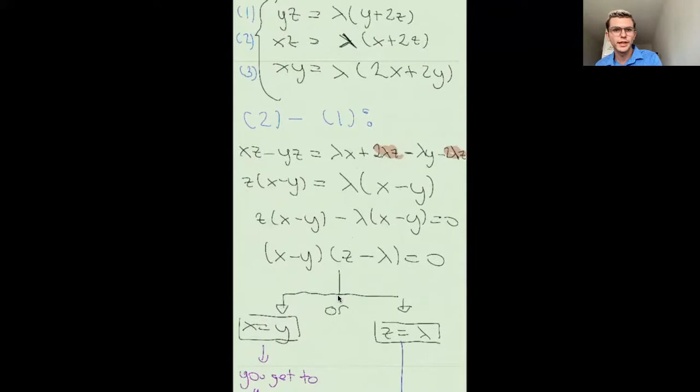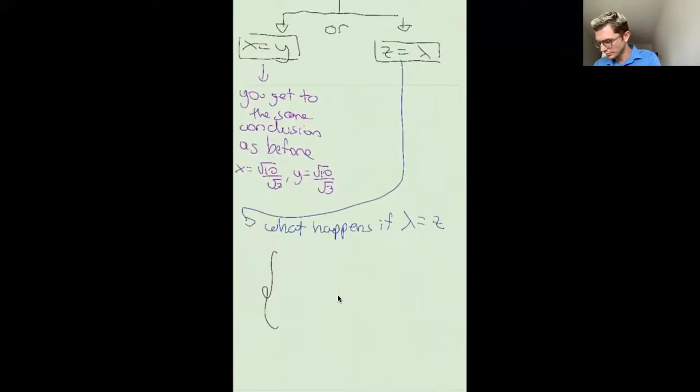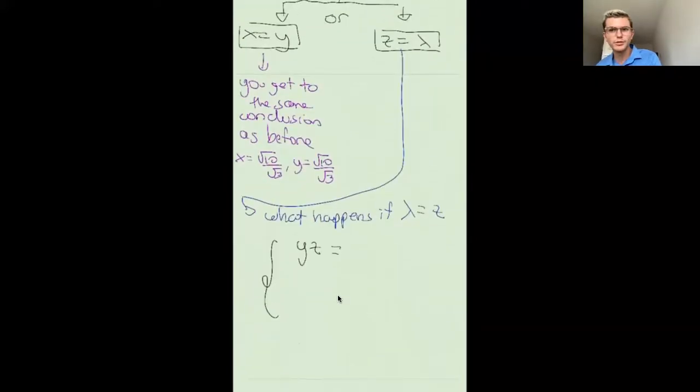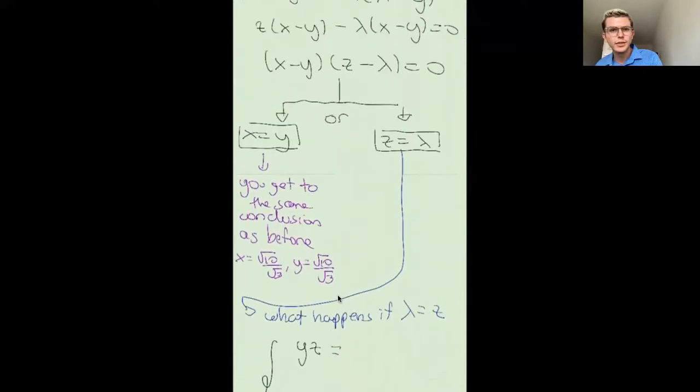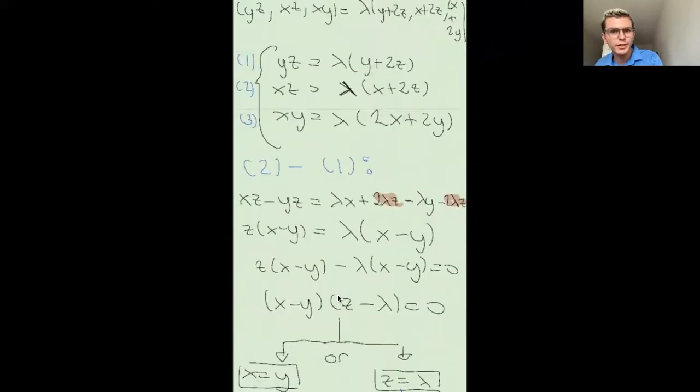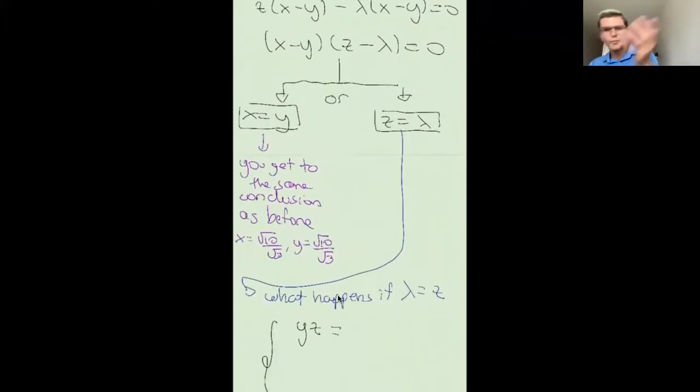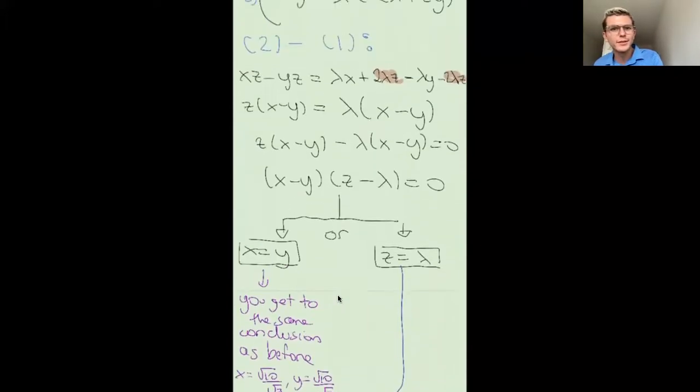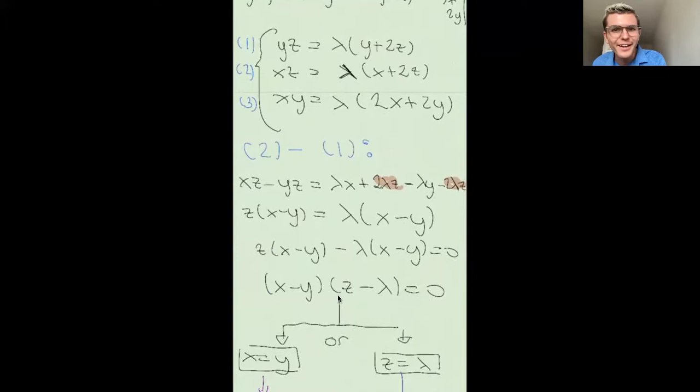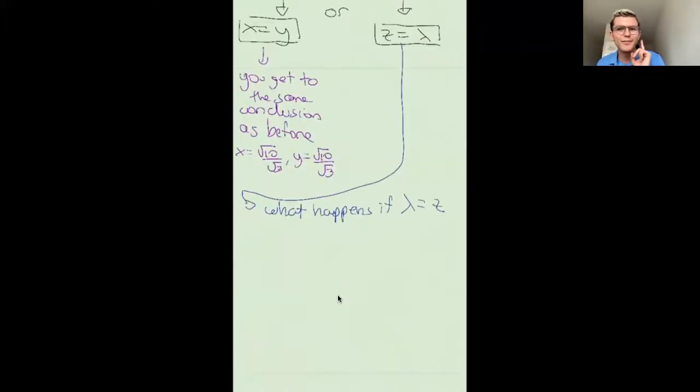It becomes yz equals lambda, but now lambda is z. So lambda would be yz plus 2. Let's see what happens if lambda equals z.